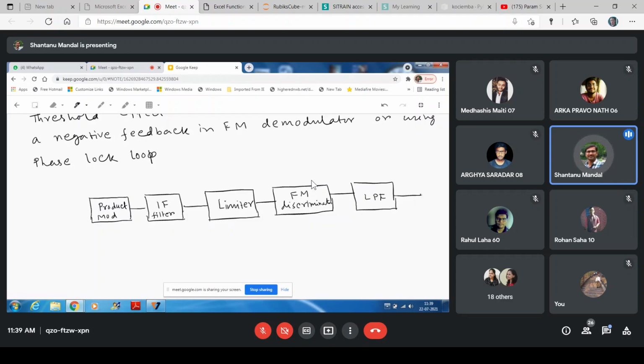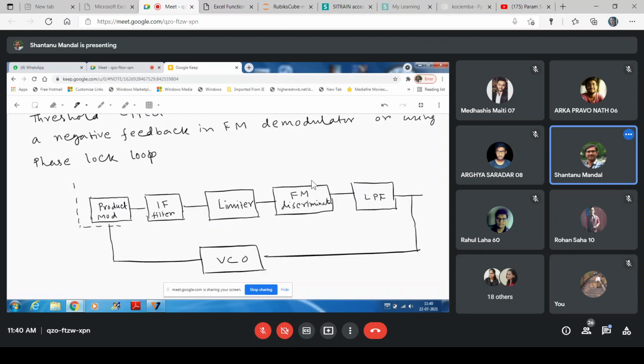The output of this low pass filter is connected to a negative feedback system, where generally a VCO is used. This total block is known as the mixer circuit.